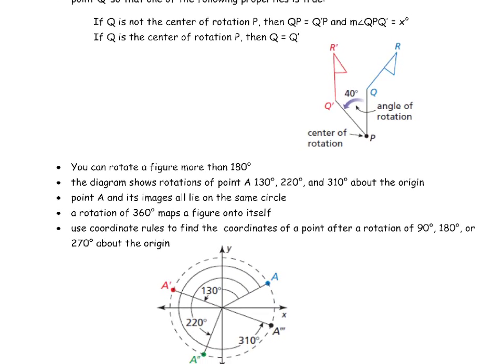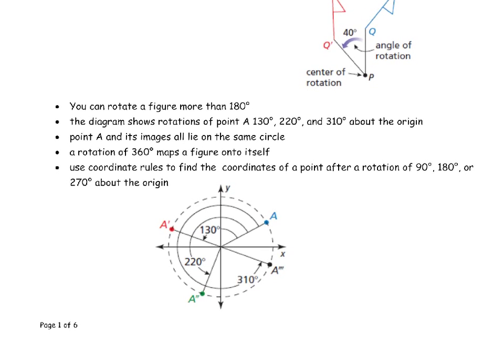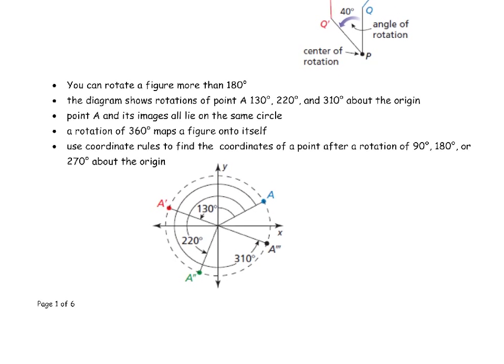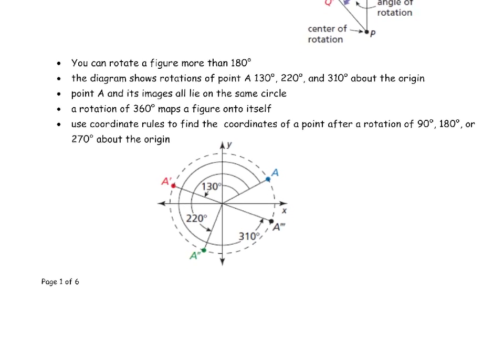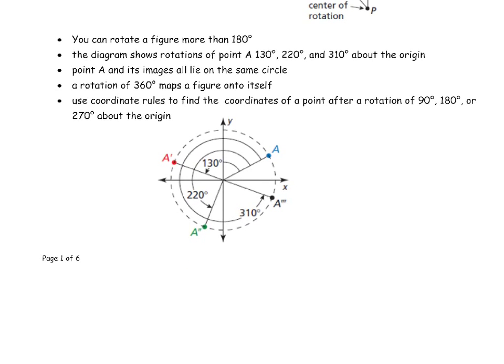You can rotate a figure more than 180 degrees. This diagram below shows a rotation of point A by 130 degrees, 220 degrees, and then 310 degrees.